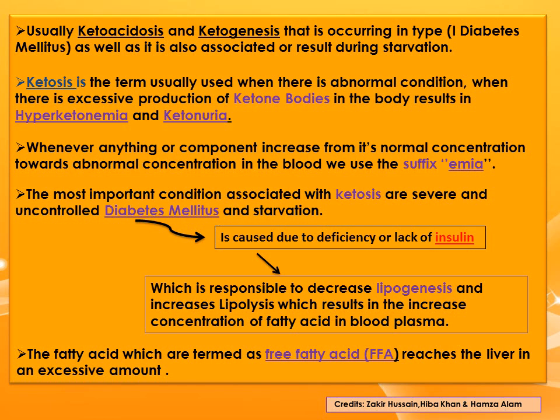Whenever any component increases from its normal concentration towards the abnormal concentration in the blood, we use the suffix emia. So in case of increased ketone bodies in the blood, we use the term hyperketonemia, and if it is appearing in the urine, we use the term ketonuria.